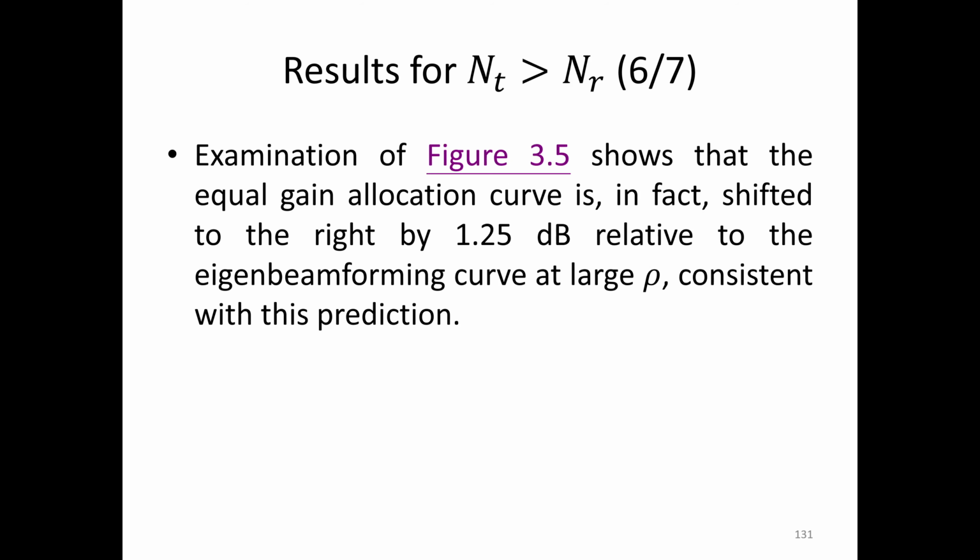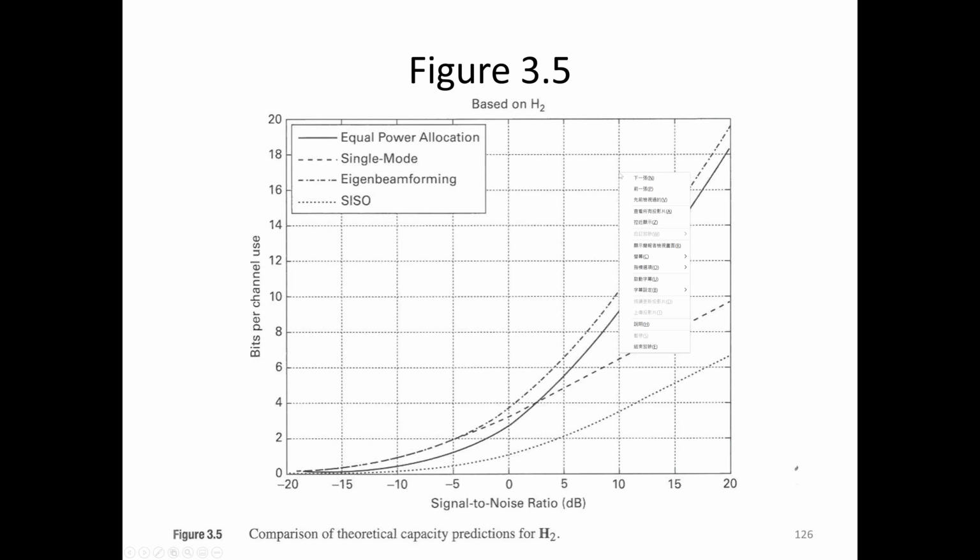It shows that the equal gain allocation curve is in fact shifted to the right by 1.25 dB relative to the eigenbeam-forming curve at large rho. Let us see figure 3.5 again.